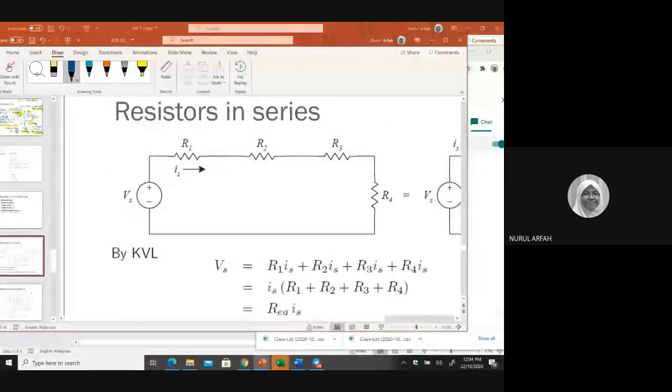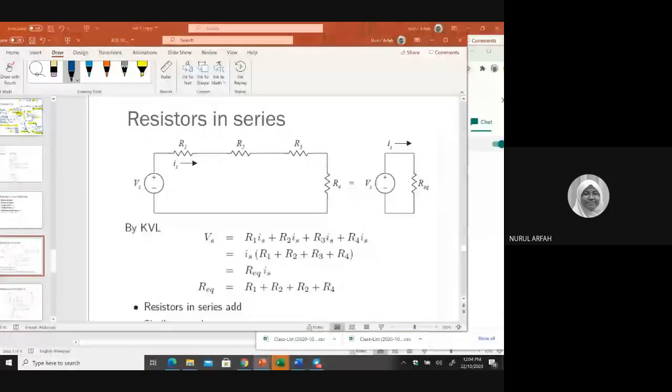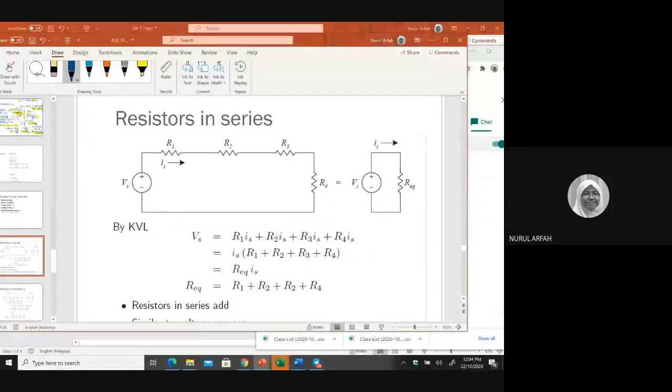All of you know that if we have resistors in series like this, you can apply KVL around the loop. If you have applied that, you will get this equation: negative Vs plus V1 plus V2 plus V3 plus V4 equal to 0.